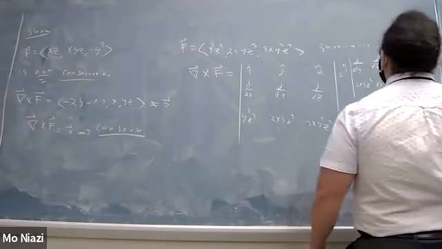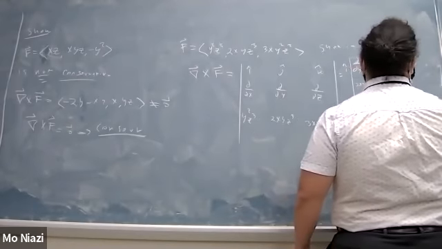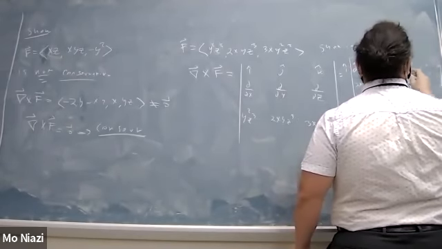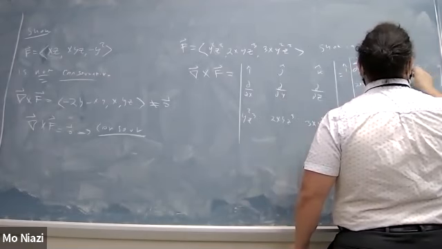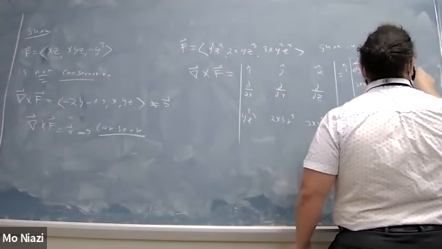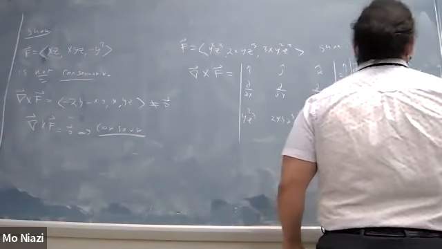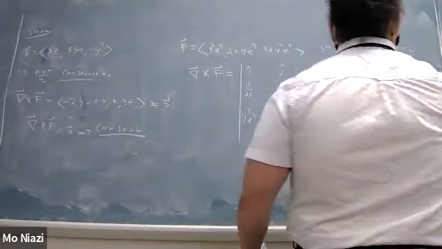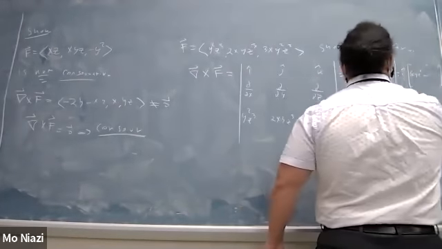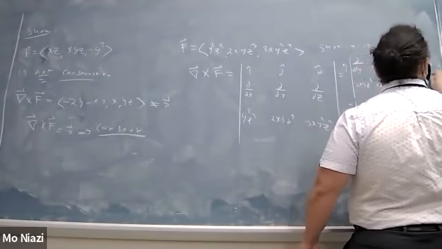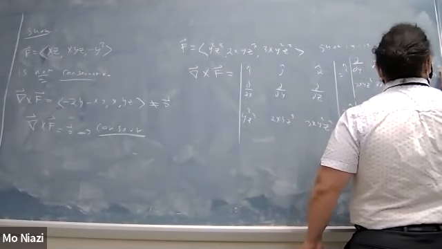So up here, this becomes partial y of this. So it becomes 6xyz squared minus partial z of this guy. So it becomes 6xyz squared.